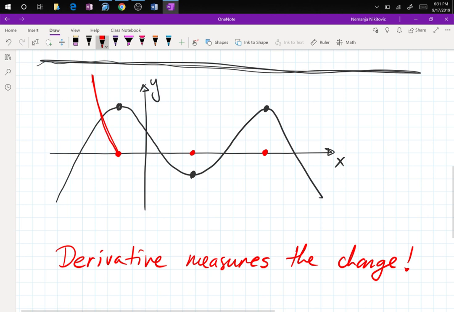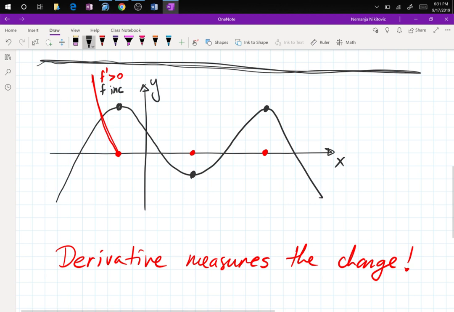Because the function was increasing, the derivative must be positive. We can say, for this piece over here, f prime is bigger than 0 because f is increasing. So that's for that piece. Now look what's happening for the second one. You have a decreasing piece.